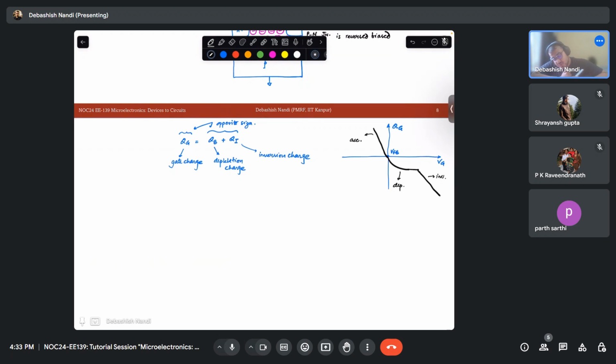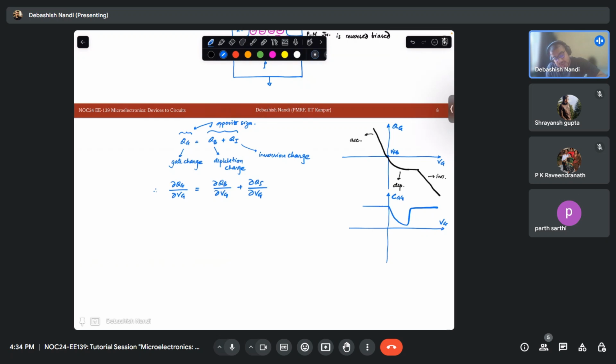So if you take your CGG with respect to VG, it will be having a slope of this, and then lower, then it will go low, and then it will again come back to this. Okay. Yes, sir. So now from this equation, dQG/dVG is equal to dQB/dVG plus dQI/dVG. Okay.